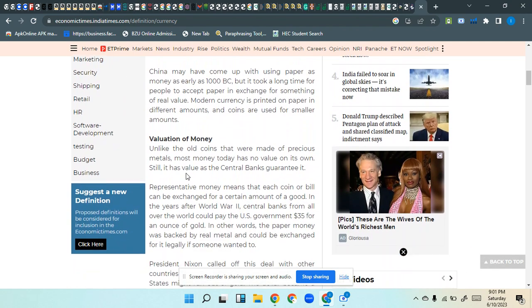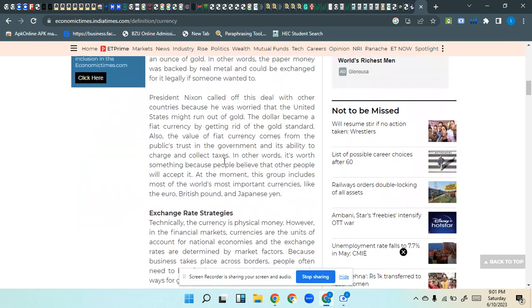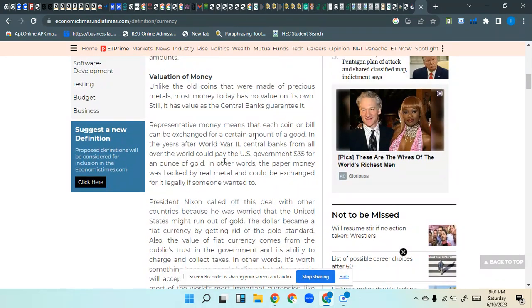So, valuation of money. Unlike the old coins that were made of precious metals, most money today has no value on its own. Still, it has value as the central bank guarantees it. Representative money means that each coin or bill can be exchanged for a certain amount of a good.